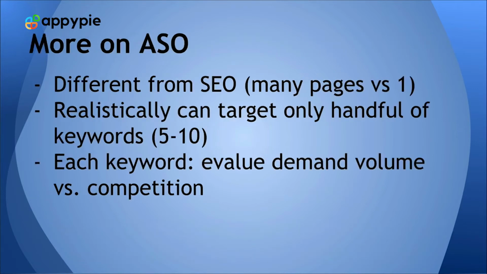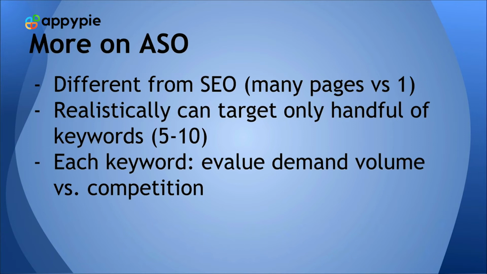A little bit more on ASO. It's similar, but a little different than SEO. For SEO, you know from Google search. The main difference in how it's going to affect your app is that on your website, you get many pages. But on the App Store, you really just get one App Store listing. And so the App Store listing can really only allow you to rank for one set of keywords.